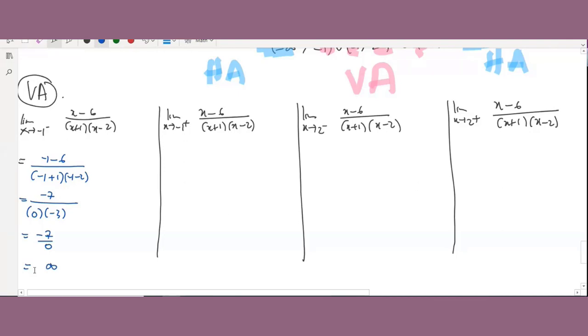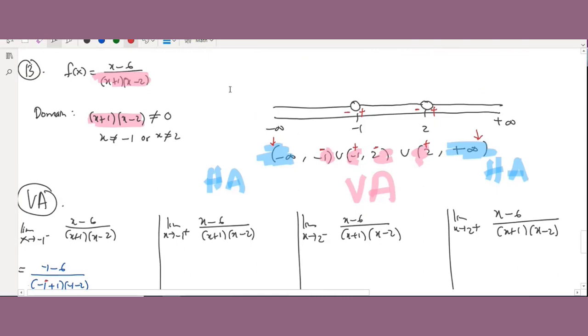Now we have to check in detail which one produces 0. So negative 1 from the left. The rest just ignore, substitute negative 1. Negative 1 from the left: this one is negative 2, 0, 1, 3.